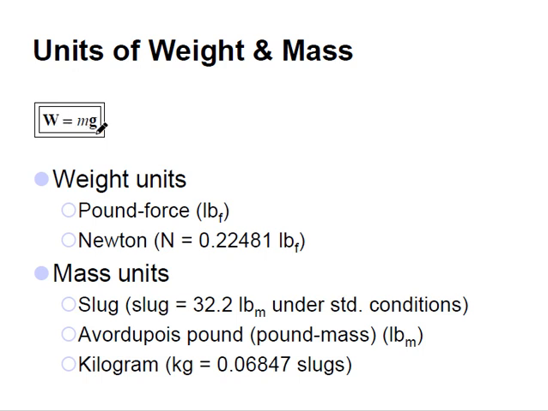The mass with gravity, because gravity is affecting the mass, gives some sort of a force, and we call that weight. So weight is a force because gravity is pulling the mass. That's why we call it force.